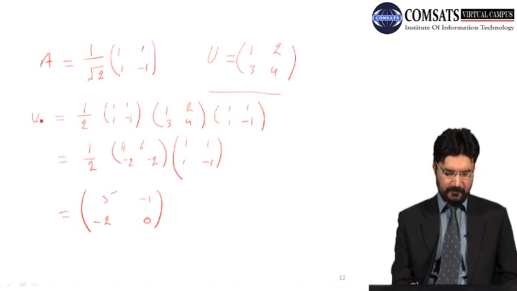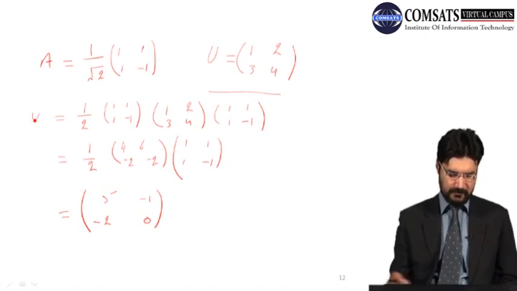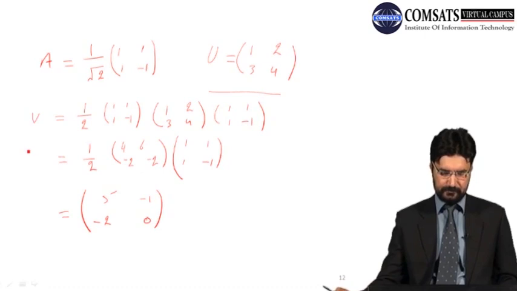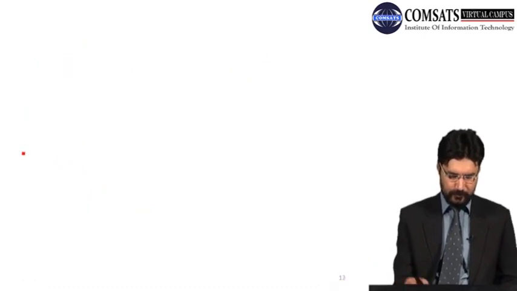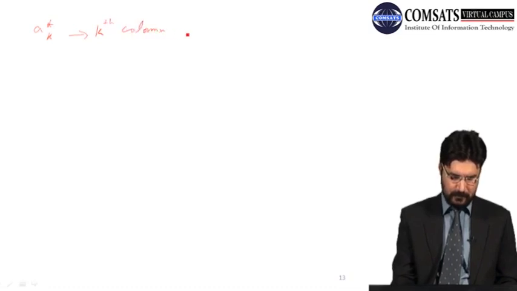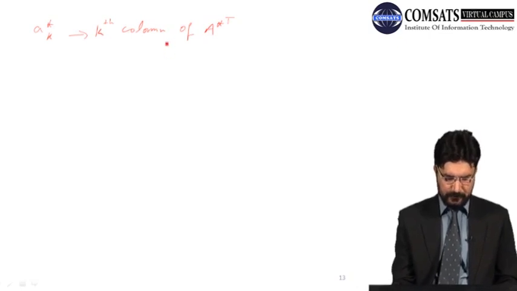So now let us see the transformation with the corresponding basis images. We define the basis image A K star to be the Kth column of A conjugate transpose.